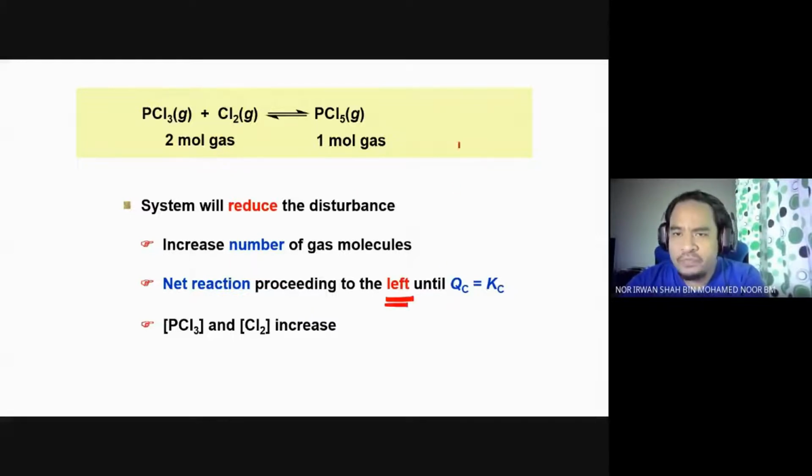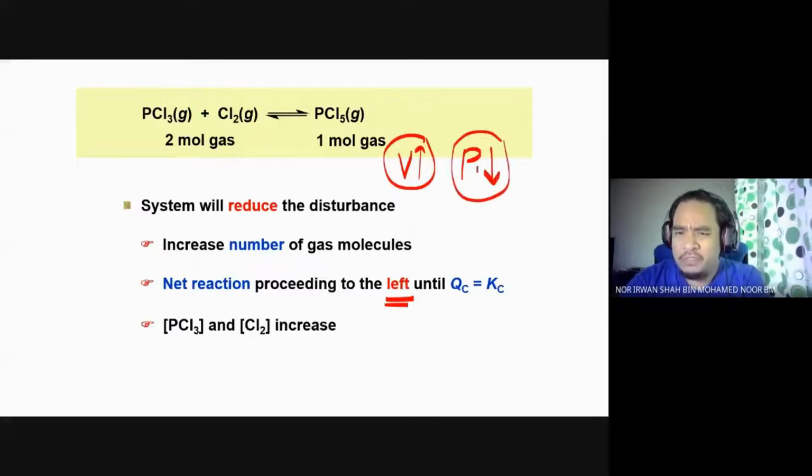Remember, right now the disturbance is increasing volume. So when the volume is increased, what happened to pressure? The pressure drops, so the system needs to increase the pressure.